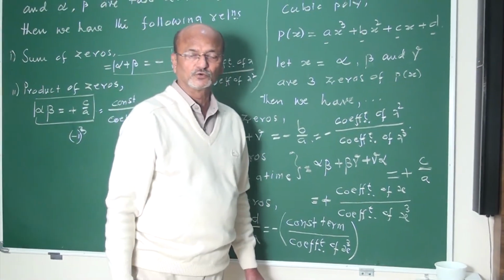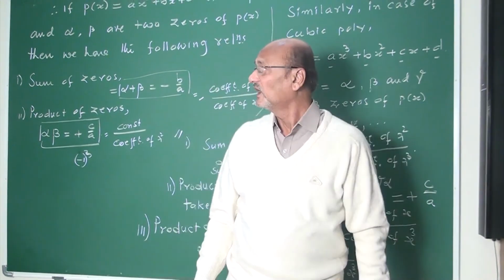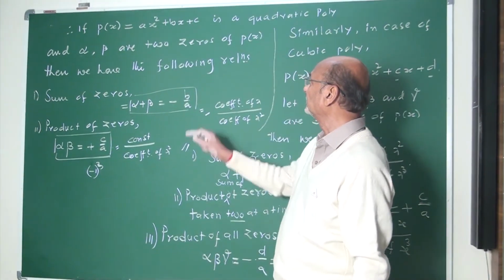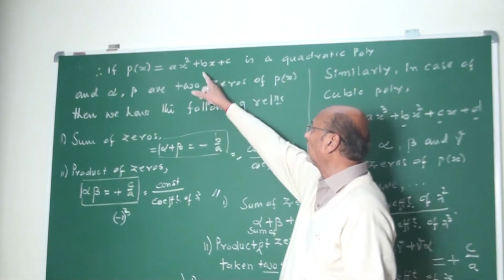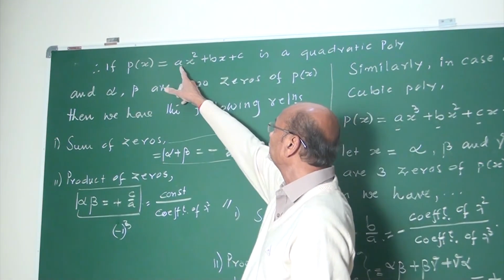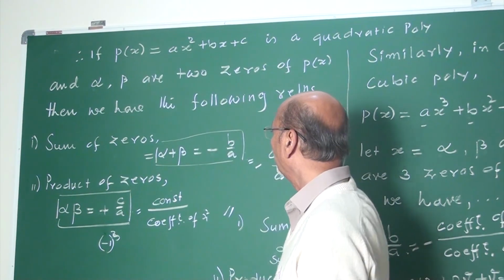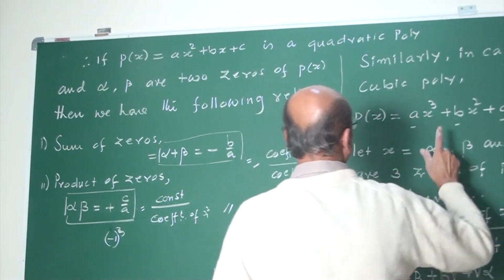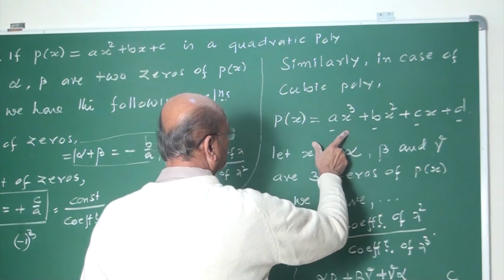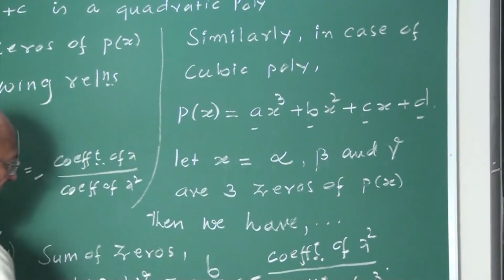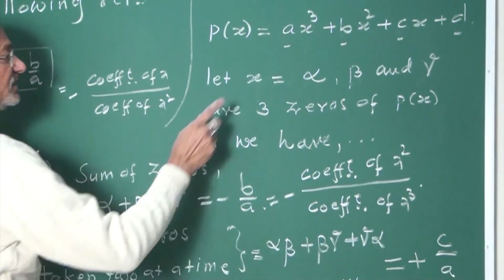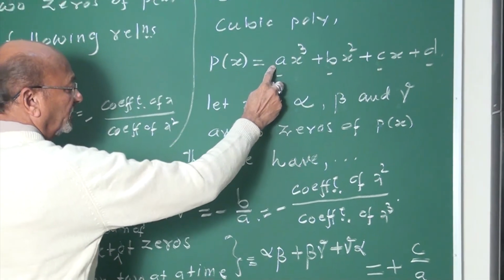I hope, my friends, that if it is a quadratic, ax square plus bx plus c, alpha plus beta is minus b by a, and alpha beta is c by a. Instead of two zeros, if it is cubic, then the sum alpha plus beta plus gamma is minus b by a.